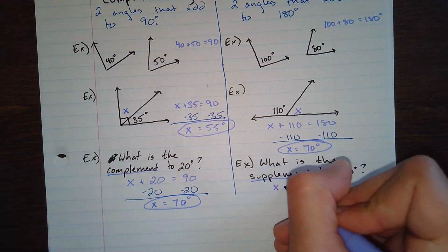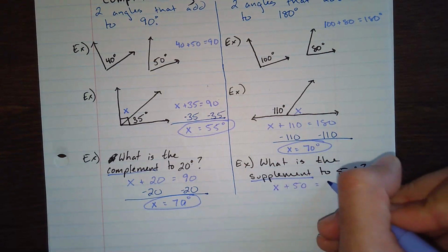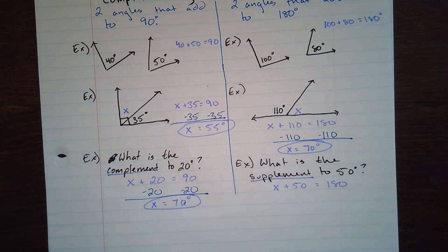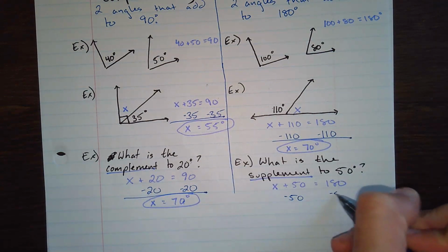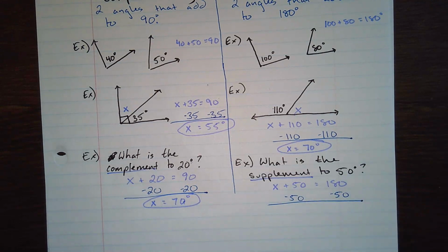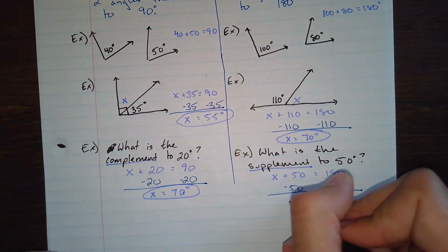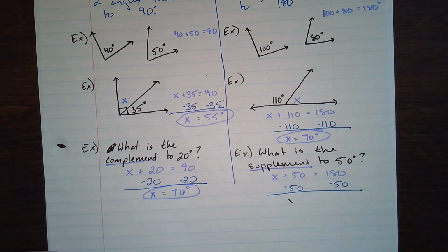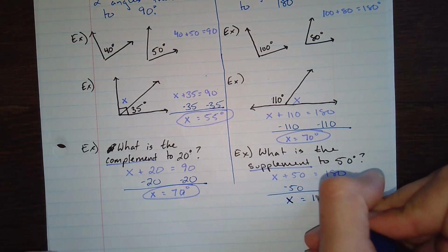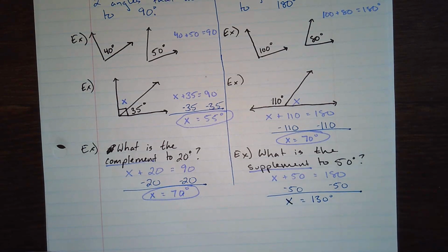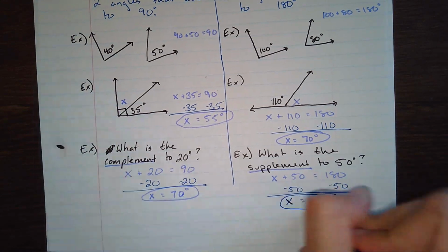So we're going to do x plus 50 equals 180. Subtract 50 on each side. And we are left with x equals 130 degrees.